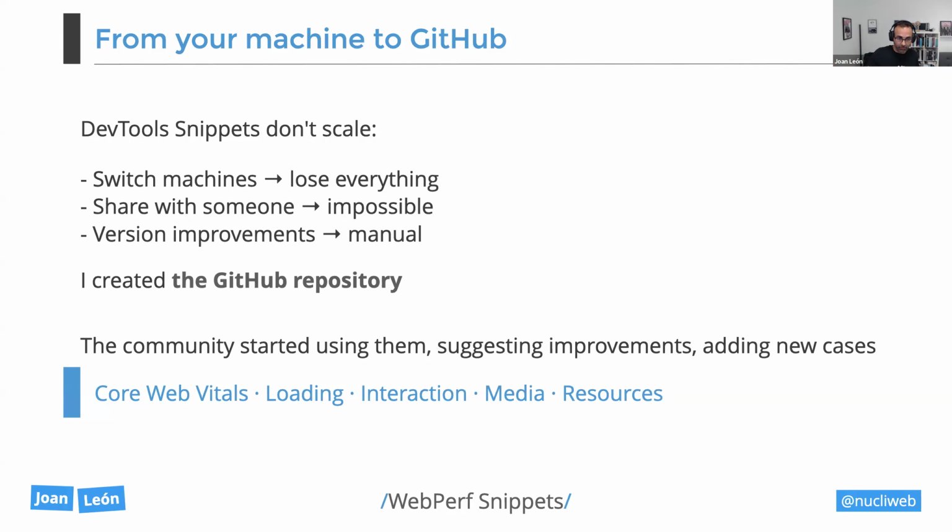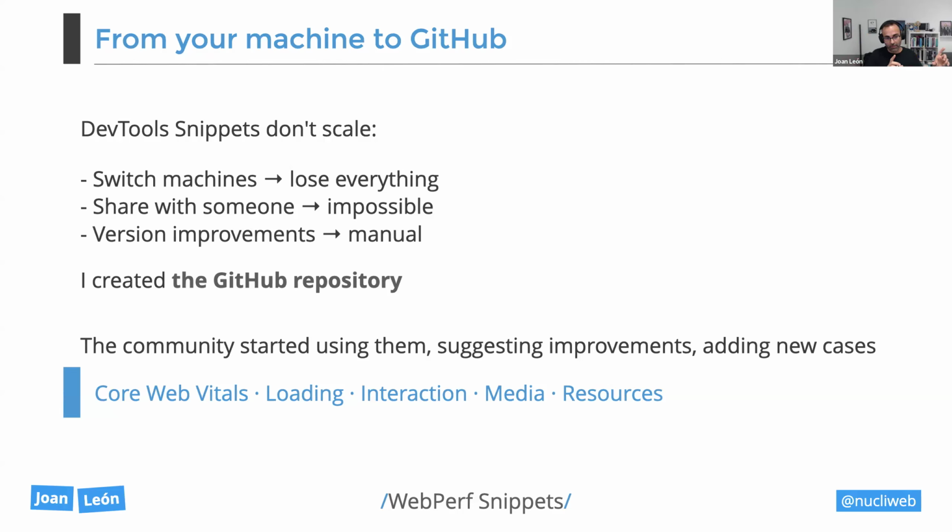So I created a repository on GitHub with all the snippets. The first step was to create a README with all of them. And the best part of that was the community started using them, suggesting improvements, creating some new cases and creating packets of different areas.